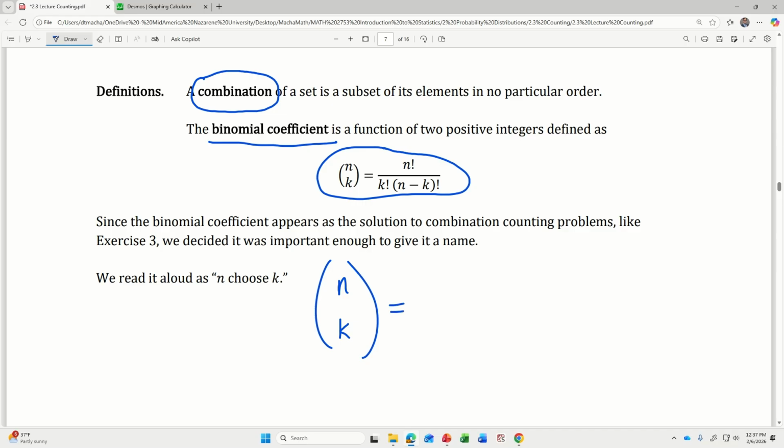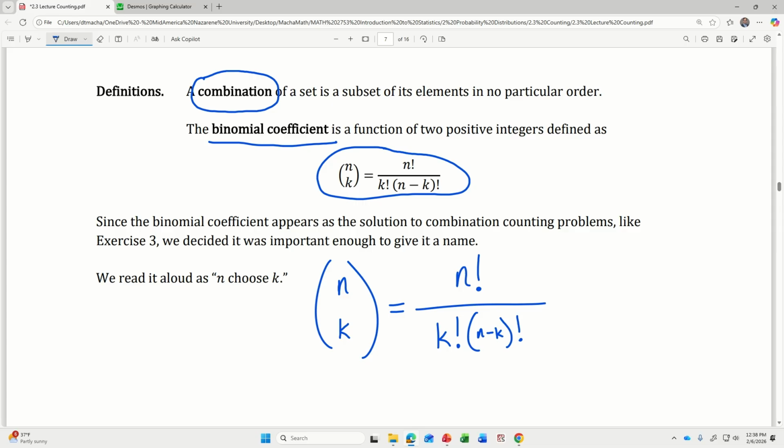And the way you calculate the binomial coefficient is you take n factorial, where n is the size of your set. You divide by k factorial, where k is the size of your subset you're choosing. And you also divide by n minus k factorial, which is the number of elements from the set that don't get to be in your subset.